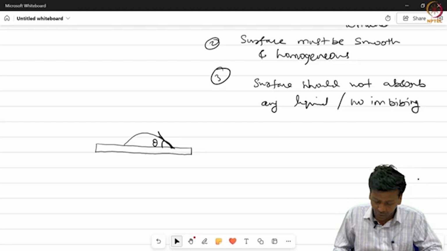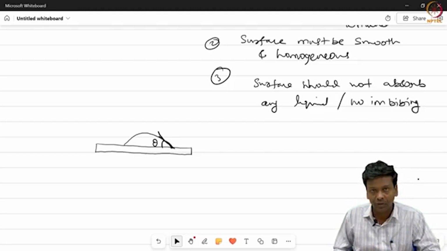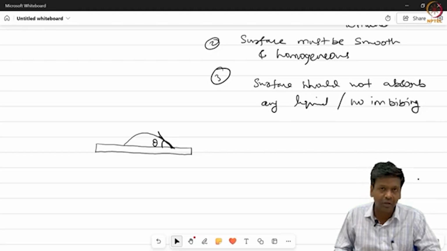Okay, so there are three governing forces which dictate the contact angle, which decide what is going to be the theta on the surface. For example, when you spread a low energy liquid on a high energy surface, it will spread, whereas when you spread a high energy liquid over a low energy surface, it will not. So this is actually dictated by the surface energies.